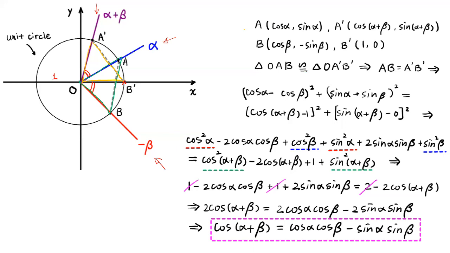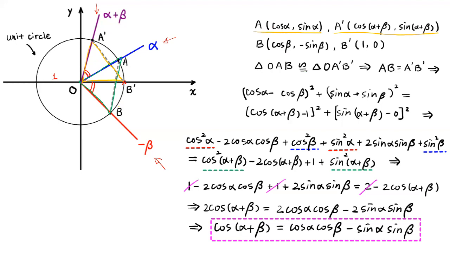Right? And also we know the coordinates of point A, which is cosine alpha, sine alpha, because A is on the terminal side of alpha. So according to the definition of trigonometric ratios, we know that the coordinates of A is actually cosine alpha, sine alpha. And the coordinates for A prime is cosine of alpha plus beta and sine of alpha plus beta, right? Because A prime is on the terminal side of alpha plus beta.